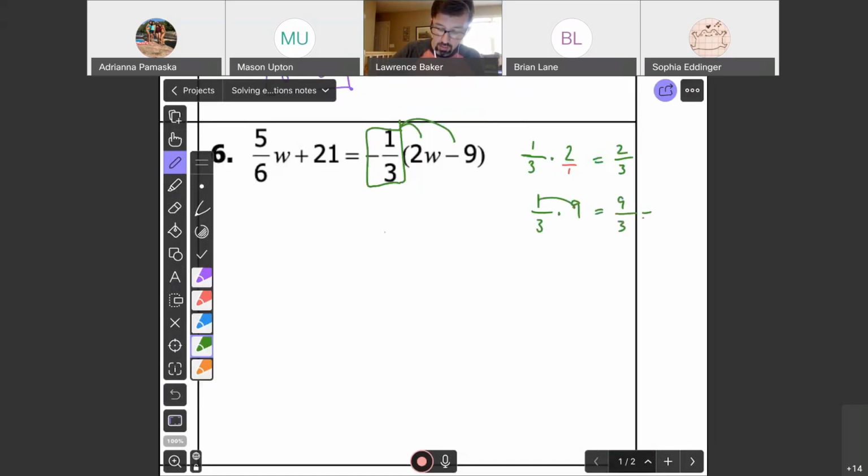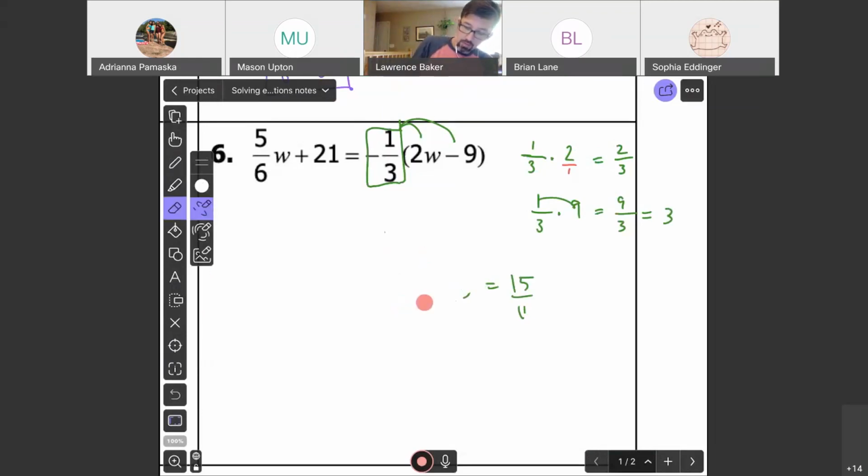And then this one I happen to be able to reduce. So just think about how we're multiplying those fractions times a whole number. Fractions times whole numbers are really simple. If I say, what's 1/11th times 15? It's just 15/11ths. It shouldn't be a big deal. Multiplication of fractions is actually really easy. It's the addition and subtraction stuff that's a pain.